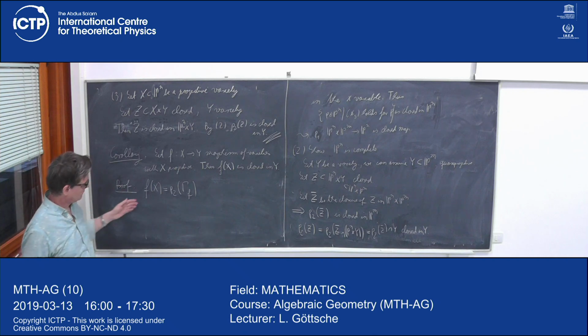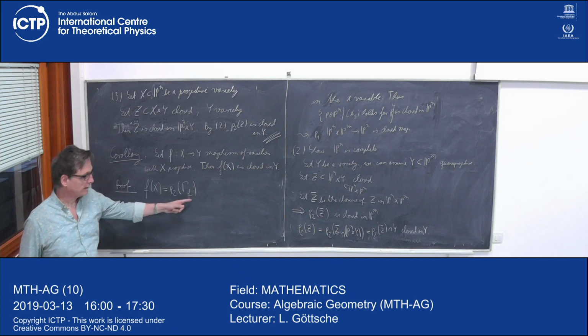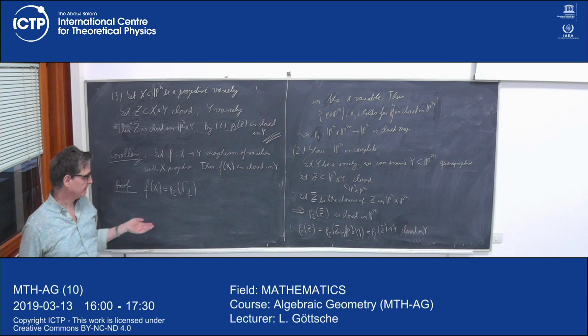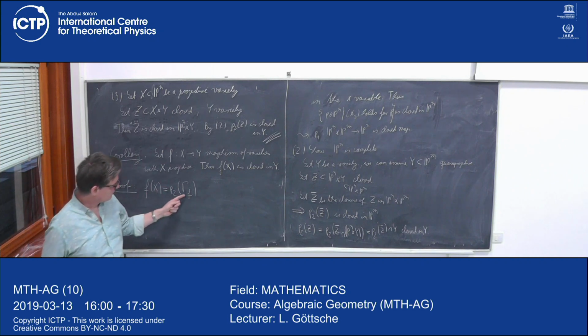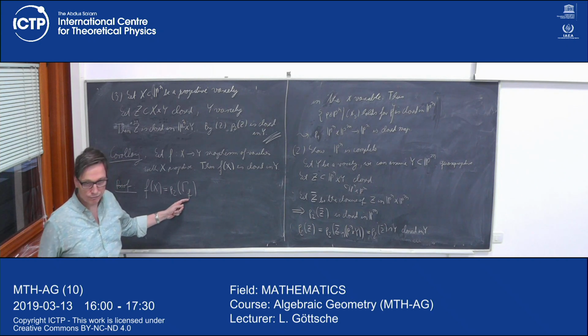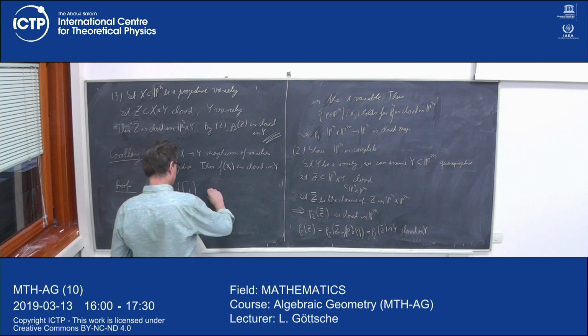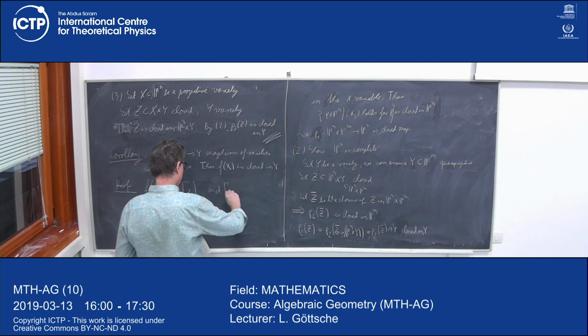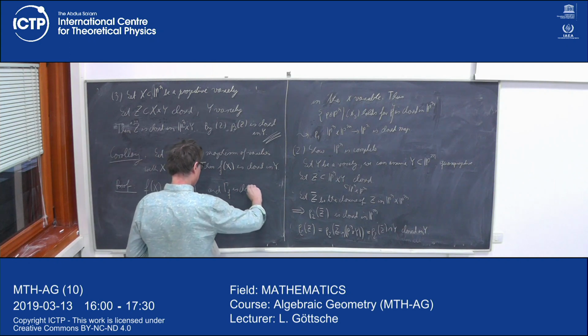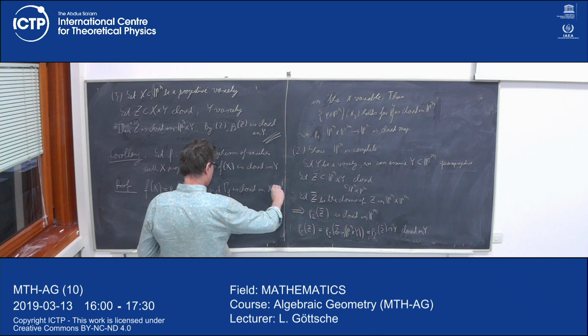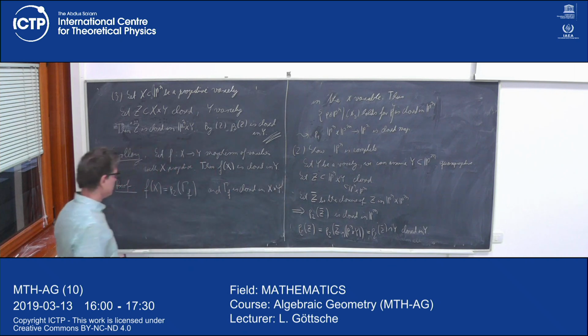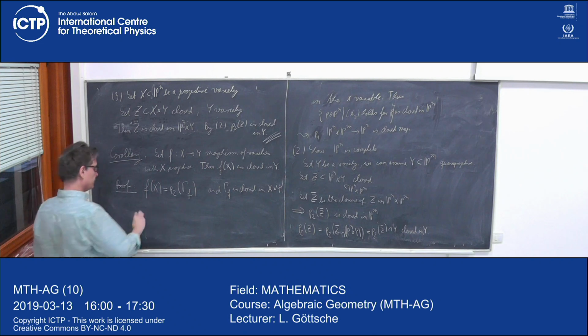It's just the set of all f of p, where p is in X, and obviously if you project it, you just get the image. And this graph, by what we have seen of any morphism, is closed. So it follows by completeness.